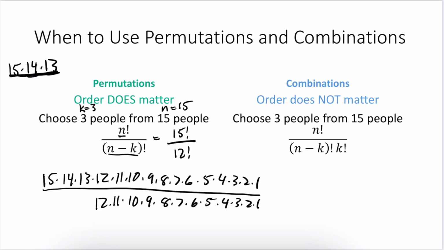But if you notice, almost all of these factors cancel each other out, because 1 divided by 1 is 1, 2 divided by 2 is 1, 3 divided by 3 is 1, 4 divided by 4 is 1. Basically all of these matching factors cancel out and you end up with the exact same calculation that we did with the choice tree. So this is one of the reasons why I don't like using the formula.